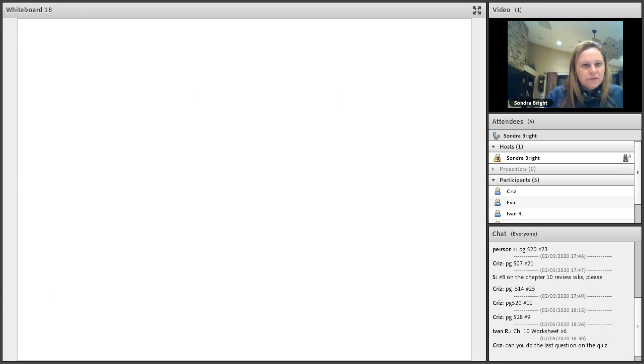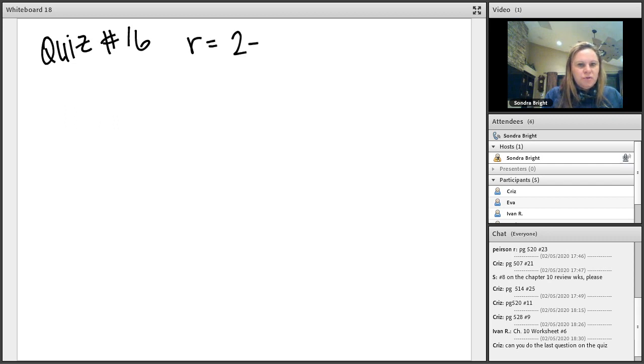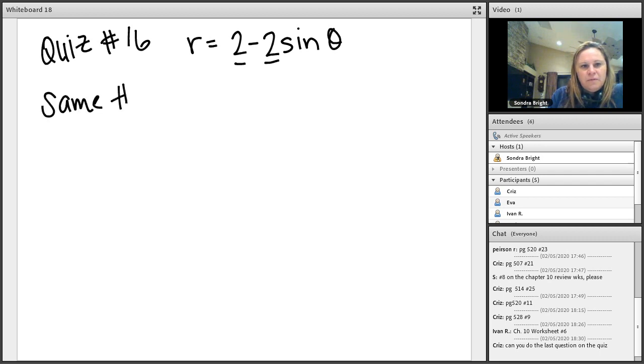Okay. So this is quiz number 16, and it is r equals 2 minus 2 sine of theta. All right, so the 2 and the 2 match, right? Those two numbers are the same, which means it's like your steady heartbeat beating at the same rate.